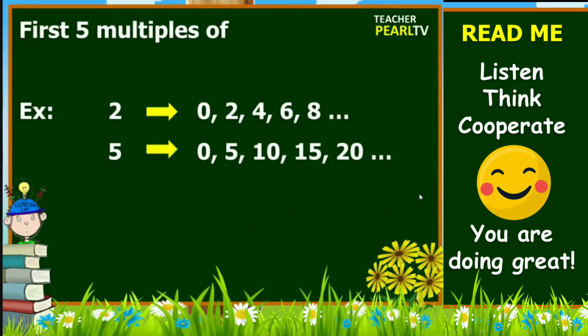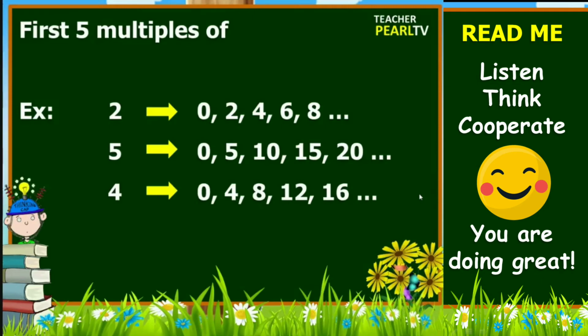And these are 0, 5, 10, 15, and 20. How about the first 5 multiples of 4? These are 0, 4, 8, 12, and 16.